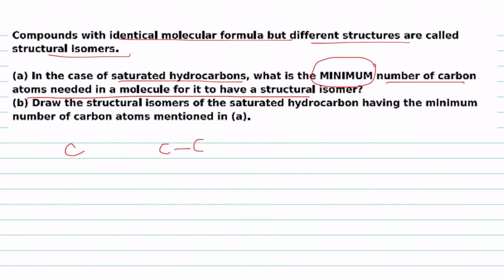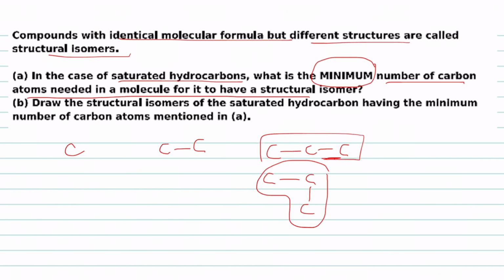Two carbons can only be arranged in a straight chain. Three carbons also, there is no other possibility. Even if you say they can be arranged like this, it is nothing but the bent shape of the straight chain version, not really different.